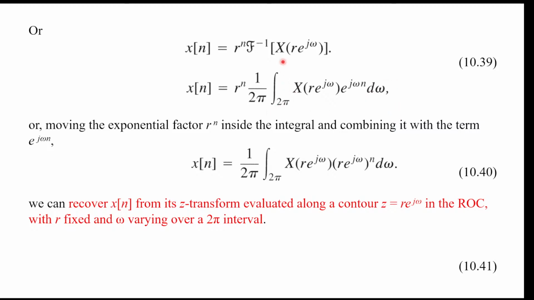Omega will be over some 2π interval, which doesn't really matter, so usually it's from 0 to 2π, of big X(re^{jω}) times e^{jωn} dω, and also with a 1 over 2π. So from here to here, we just write down the inverse Fourier transform formula that we had in chapter 5. It is 1 over 2π, integration of big X times e^{jωn} dω.